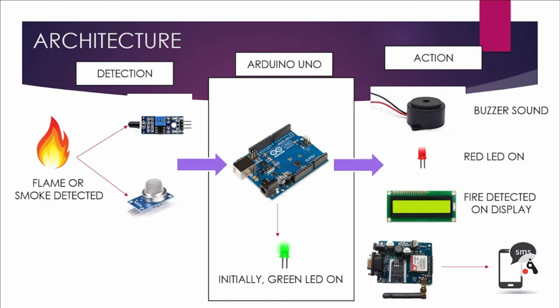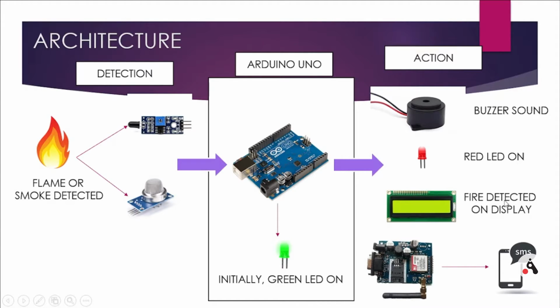So the detection section works like this: after detection of the flame, which can be detected either by the flame sensor or the smoke sensor, the Arduino Uno turns the green LED off and the red LED on. As an action, the buzzer also starts buzzing.